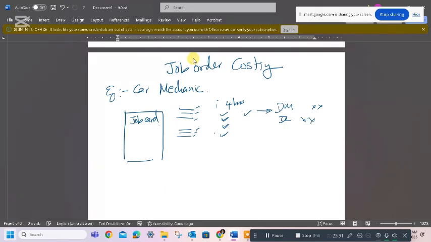And they may have an overhead absorption basis. Remember last class we studied overhead application rate, budgeted overhead divided by budgeted hours or budgeted basis. So they may have a rate, for example, $2 per labor hour. So yes, they may have a predetermined overhead absorption rate. Using that, they will find the overhead also for this.